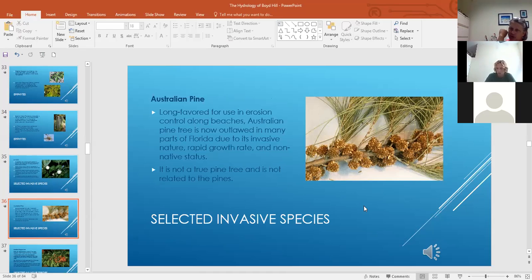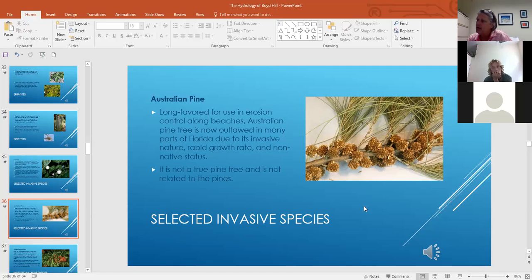We loved this Australian pine. Planted it all over. It grows fast. It's hardy. The problem with it is it has a shallow root system, so it falls down pretty easily during windstorms. So recently we've been spending a lot of money removing these because they've become a nuisance.